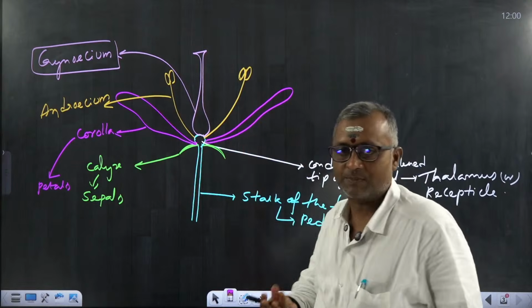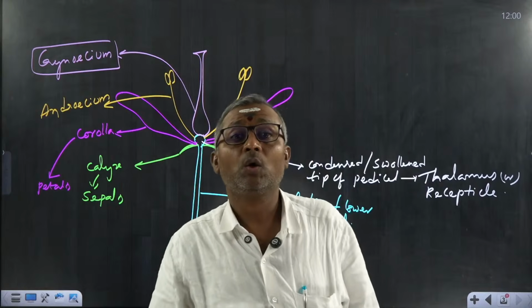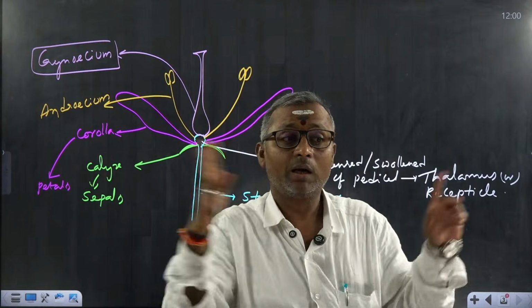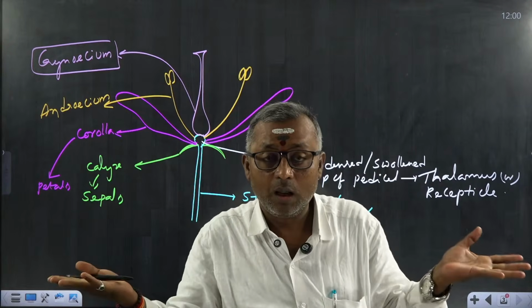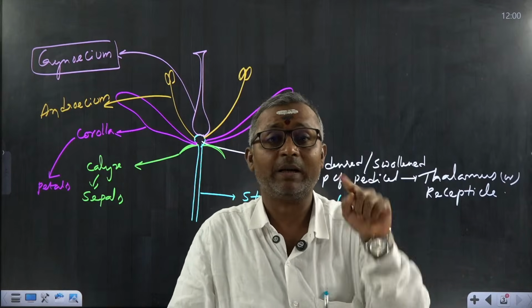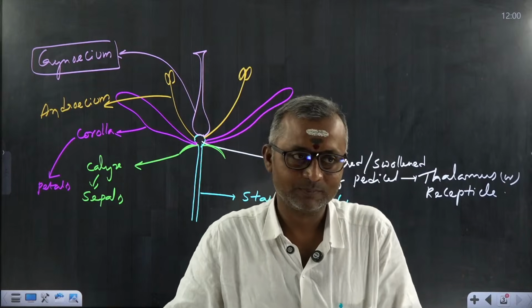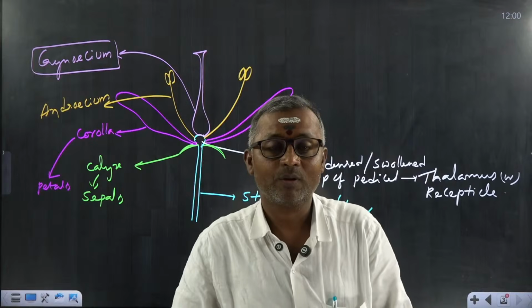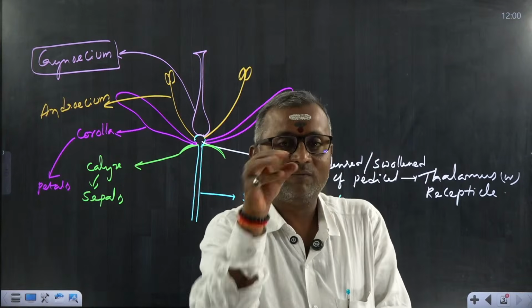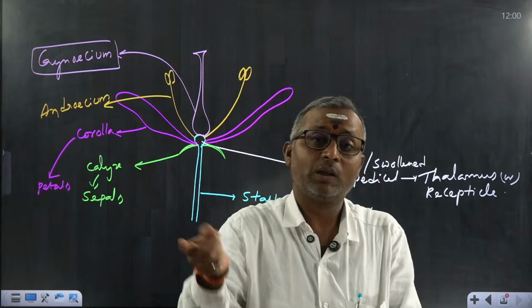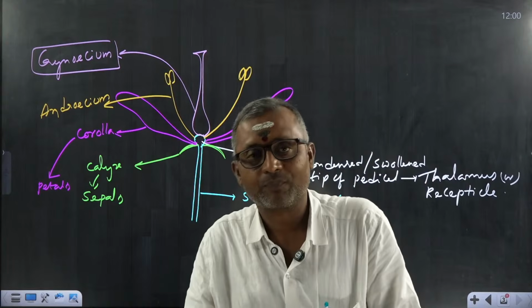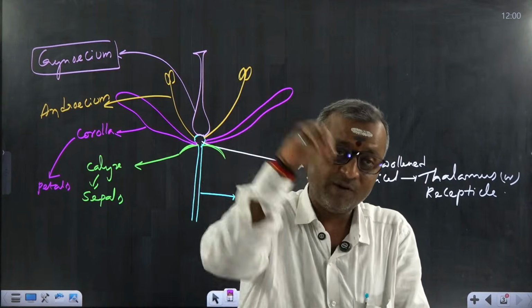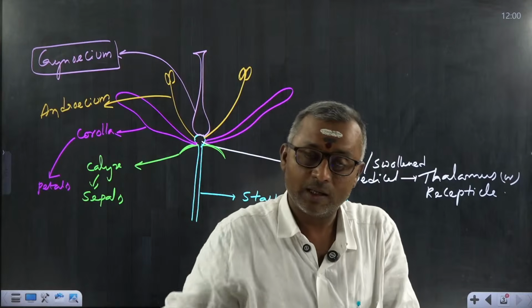All the petals present in a flower together are called corolla. Remember, corolla is a plural term, petal is a singular term. Have you got the clarity? All the petals of a flower together are called corolla. All the sepals of a flower together are called calyx.